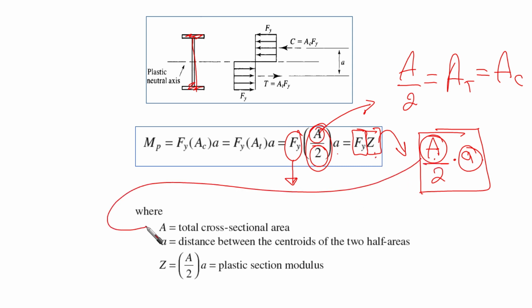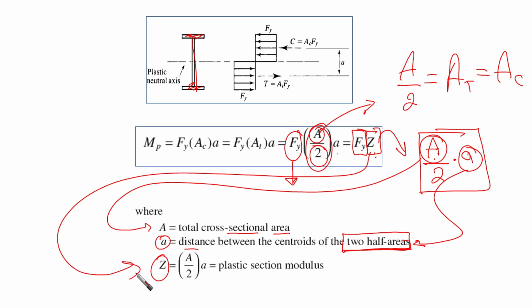A is the total cross-sectional area, and small a is the distance between the centroids of the two half areas. And Z, which is half of the area times the distance between the two forces, we are going to give the title plastic section modulus. This is the name of it.